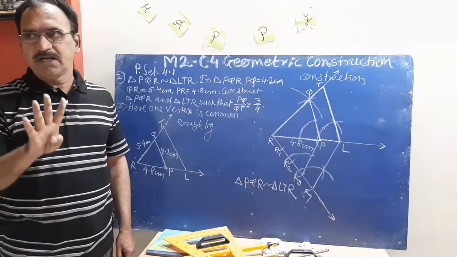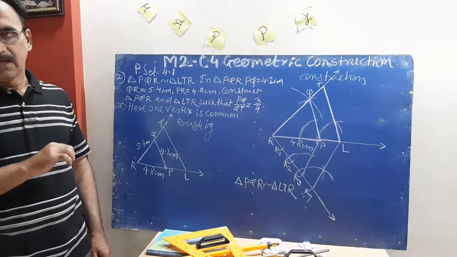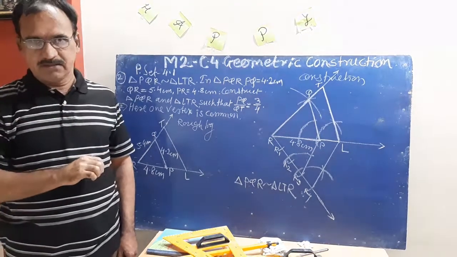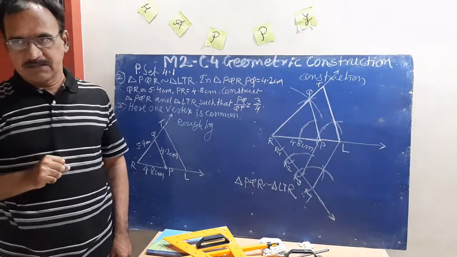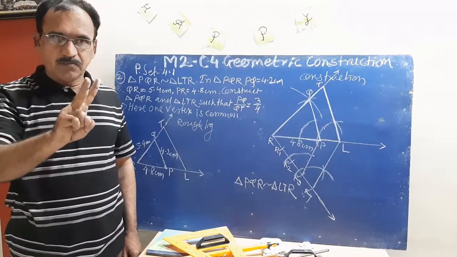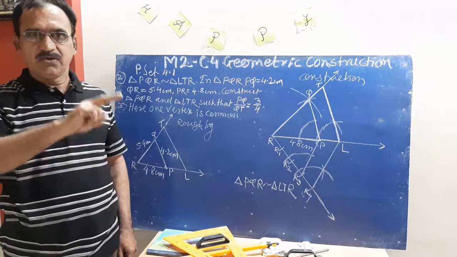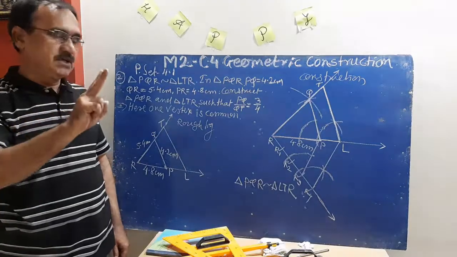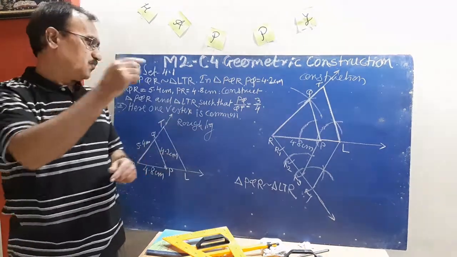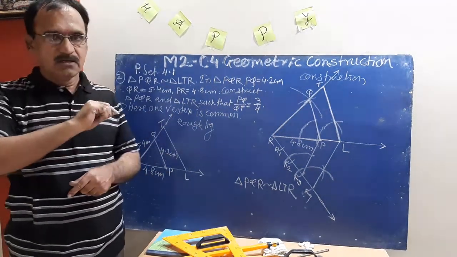In practice set 4.1, there are only 4 examples of construction of similar triangles: 2 examples having the same method and 2 examples having the same method. You know there are 2 methods, which are: if vertices are distinct and if one vertex is common.